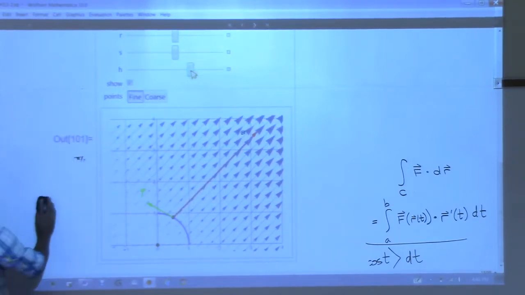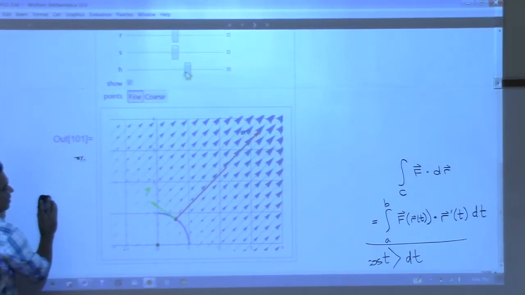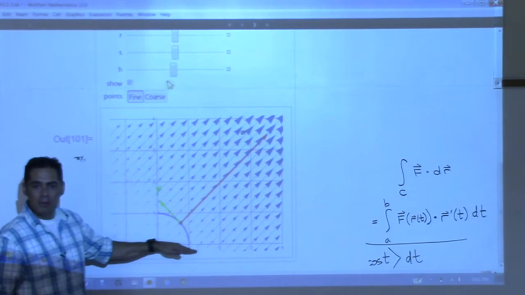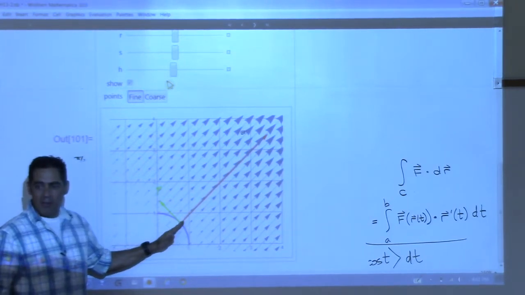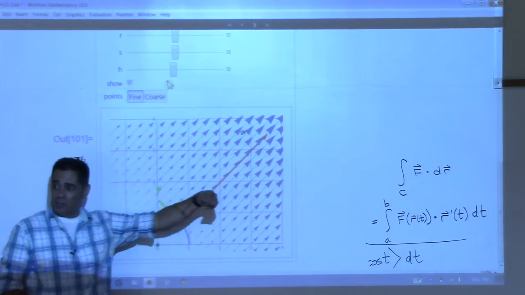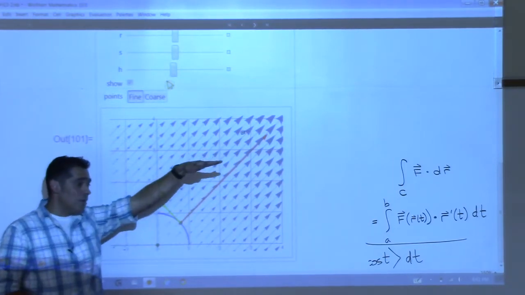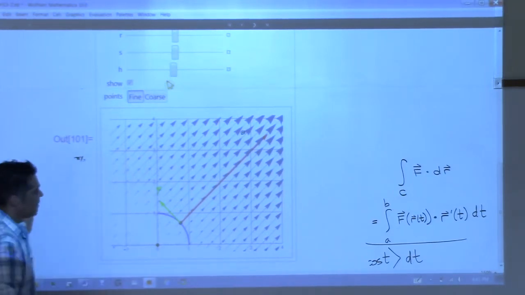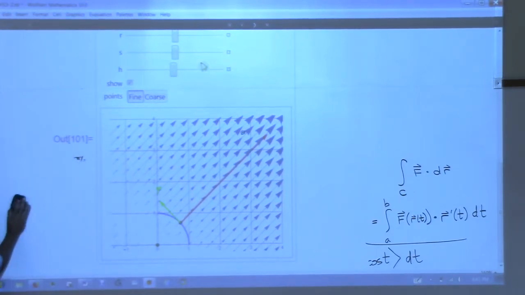Now, what would happen if we only did this over the first eighth of this circle, from 0 to pi over 4? Then we should get a positive answer. You could see in the integral, sine of 2t integrated from 0 to pi over 4, you're going to get a nice positive answer there.